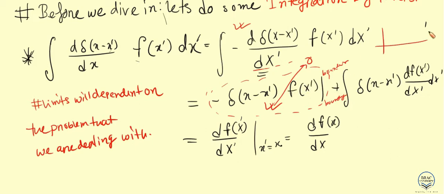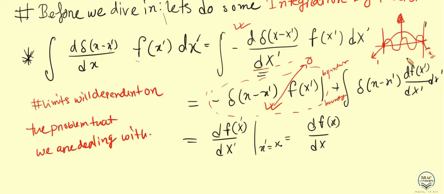For example, take a regular string that is something like this, or it might be like this. And you can see that at these boundary points 1 and 2, the function itself vanishes, even if you have an impulse over here.